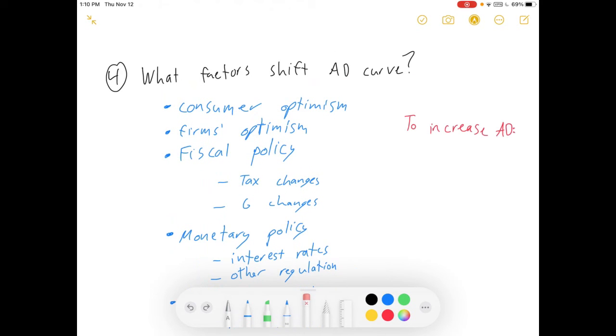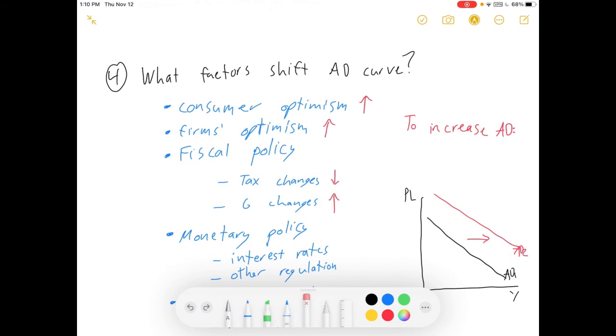If you want to increase aggregate demand, that's a shift to the right, to this new aggregate demand curve. How do you do that? Well, you either need more optimism from consumers and firms, or you would want less taxes, or more government spending, or lower interest rates, or less regulation.